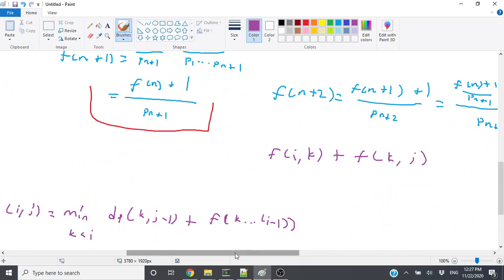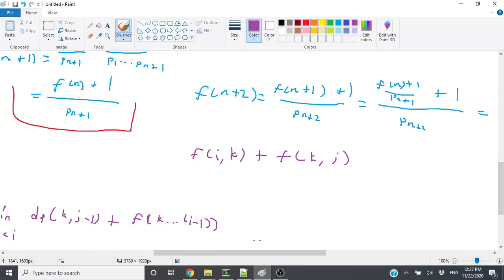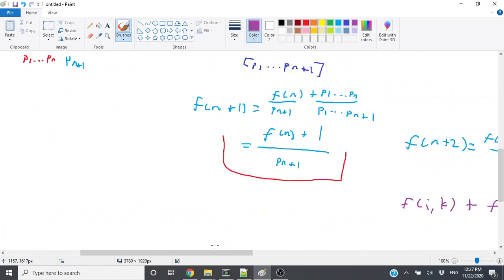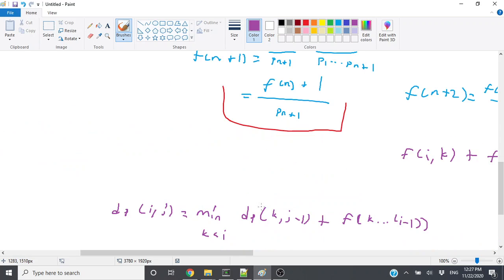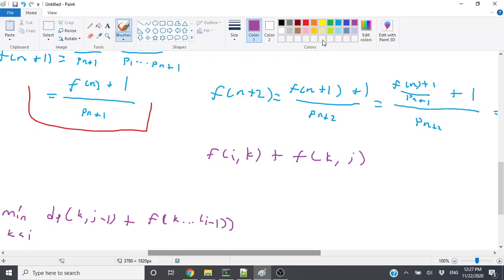So the thing that changes is going to be... the question is, how does this compare to f of i k plus 1 plus f of k plus 1 j? Does it compare at all?